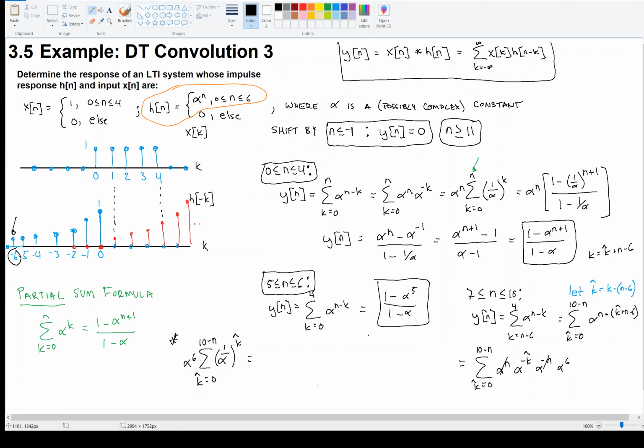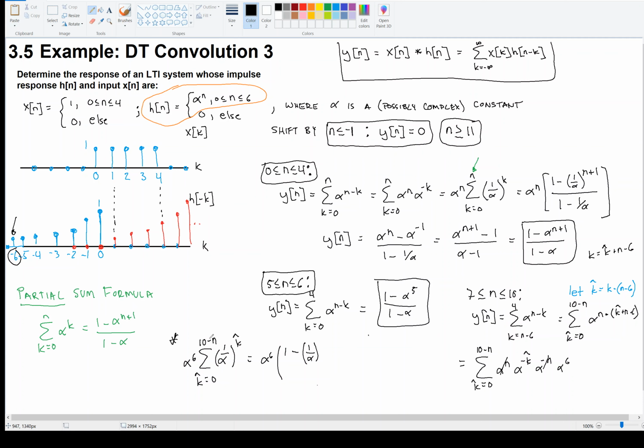Now I can use the partial sum formula. See, now it's in the form. I've got an indexer starting at 0 and going to some bound. Then I've got some constant to that indexer. So I can use the partial sum formula. So I've got alpha to the 6 times 1 minus 1 over alpha, that's my constant, to the top bound plus 1.